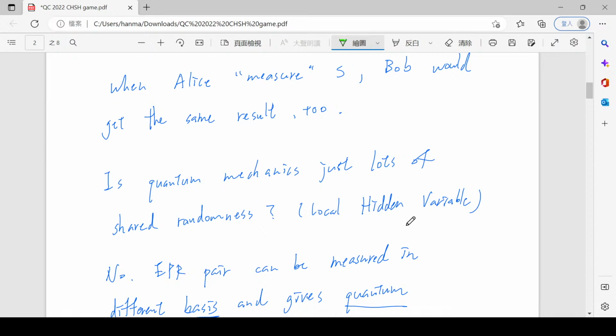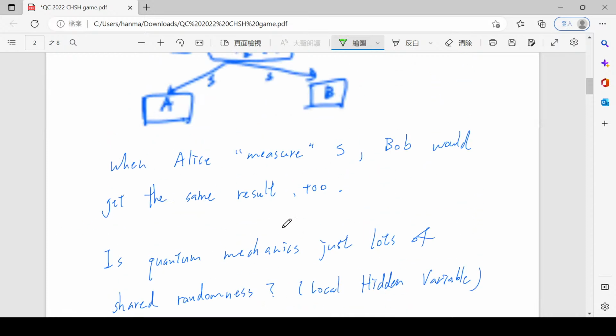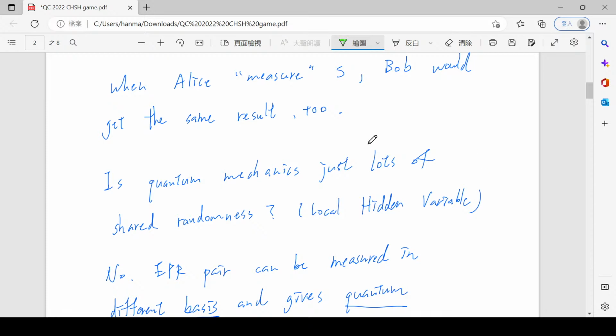In physics terms, this is called a local hidden variable model. We already talked about a lot of quantum mechanics, so we kind of know this is not true, because we have seen algorithms where you have quantum speedup, like Deutsch-Jozsa and Simon's algorithm.